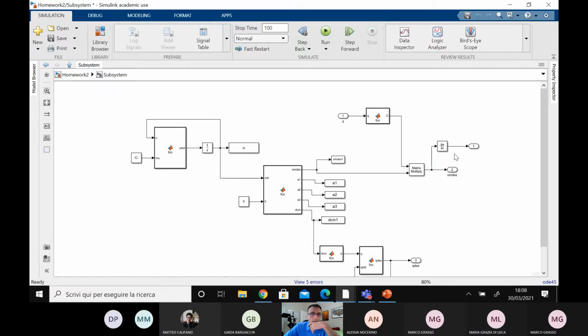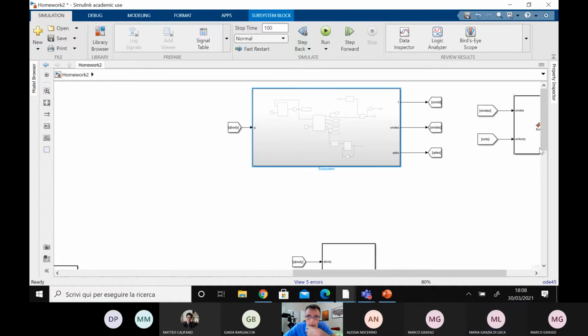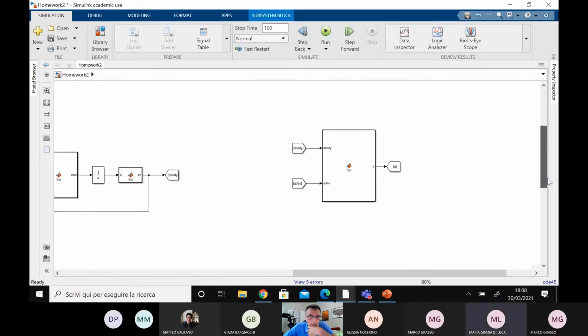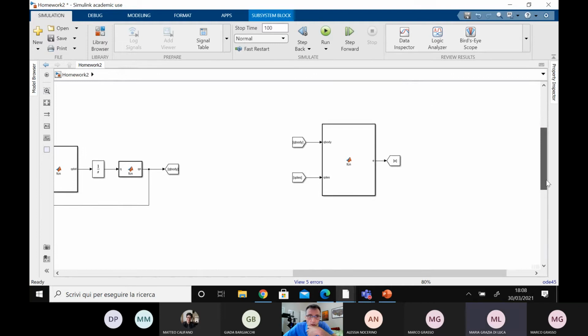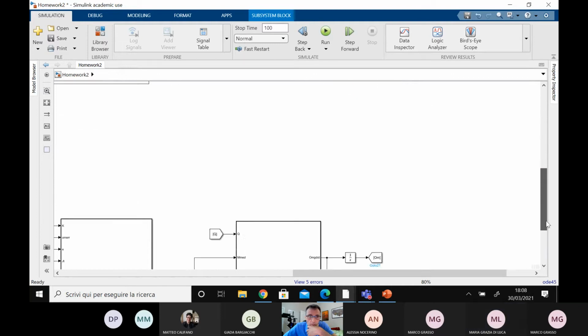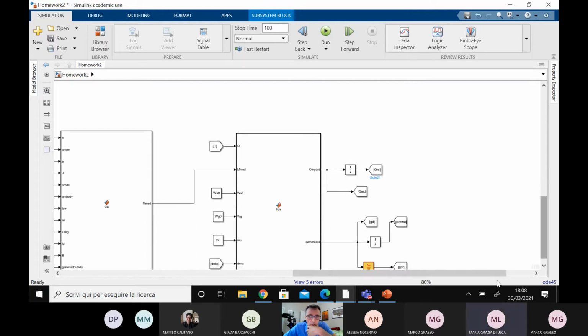But then this gamma double dot, for me, is just coming from eta, and I pull the signal and just do its derivative. That's weird. Yeah, that's really weird.